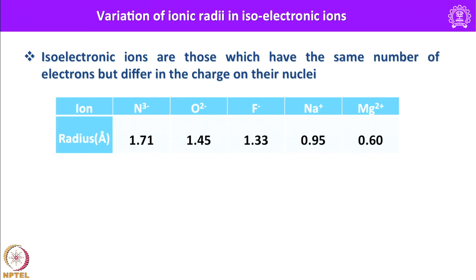If you look into the nuclear charge, it is 12 in the case of magnesium, 11 in sodium, 9 in fluorine, 8 in oxygen, and 7 in nitrogen. Out of the 2 valence electrons of magnesium, both have been removed to form magnesium 2 plus, and the 1 valence electron is taken from sodium to generate Na plus.